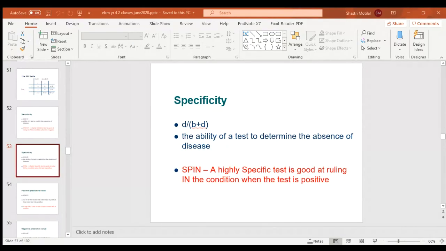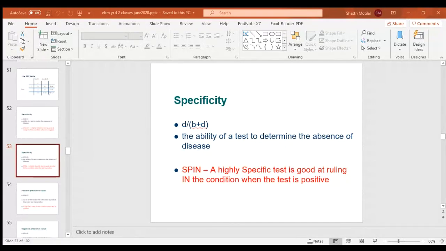We would wish and hope that all tests could have a high sensitivity and specificity. But in reality, when we do diagnostic studies, often one is a trade-off for the other. Usually if the specificity goes up, it's at the expense of sensitivity and vice versa. Not always the case, but often the case.